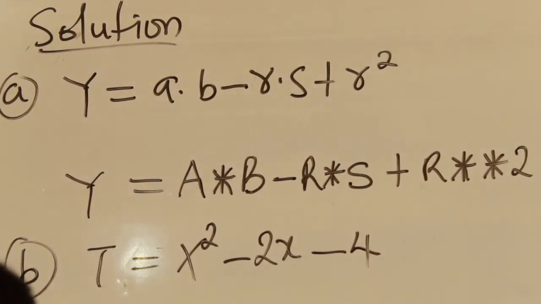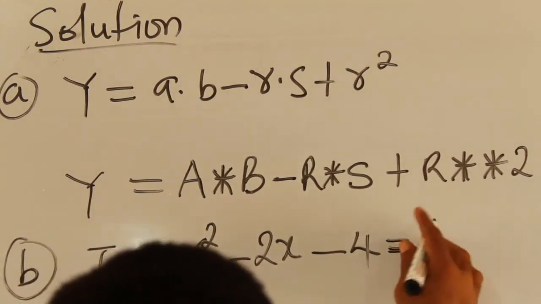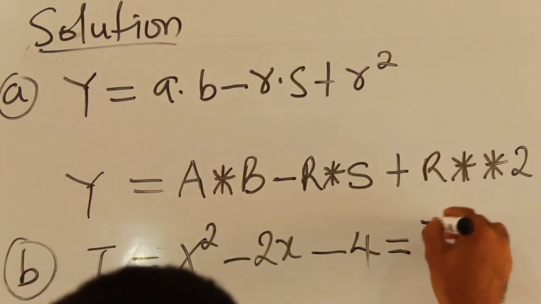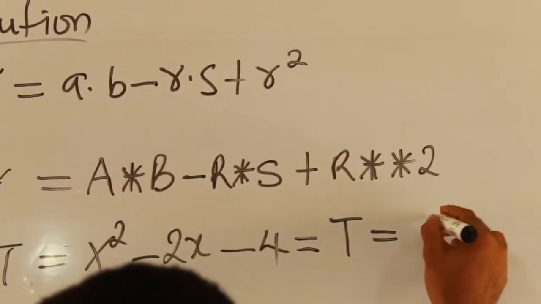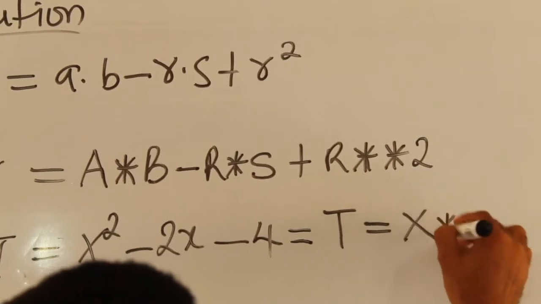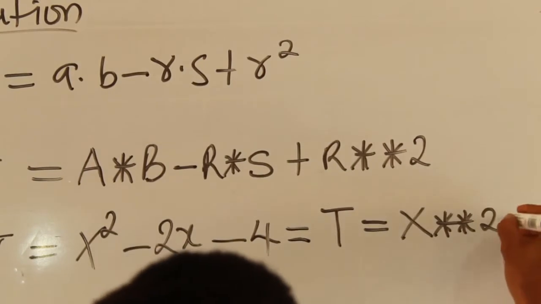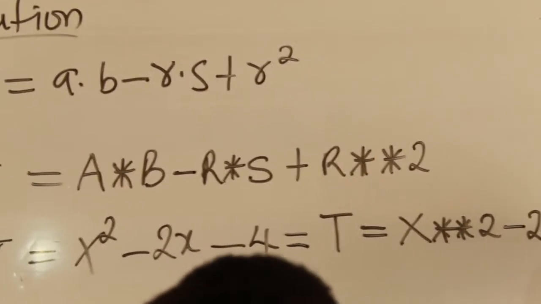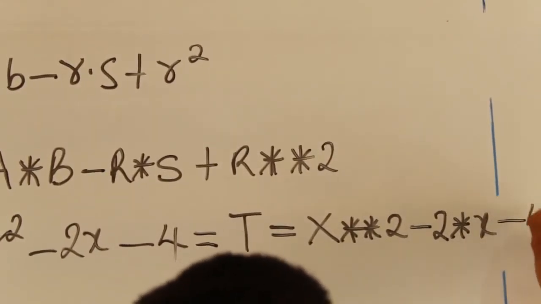This is the same thing in basic programming as t is equal to x exponent 2 minus 2 multiplied by x minus 4.